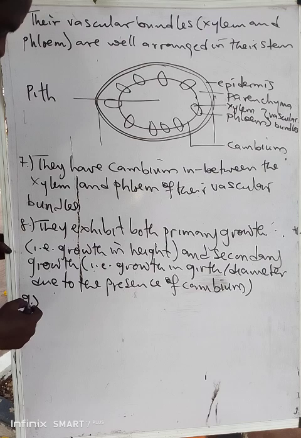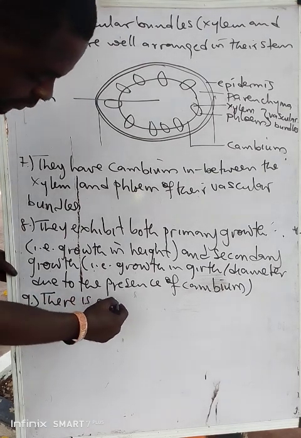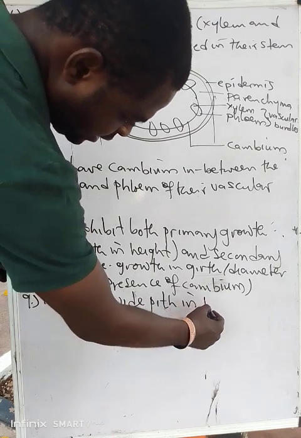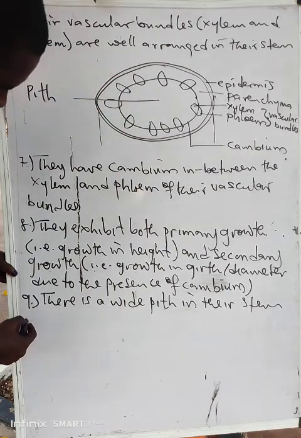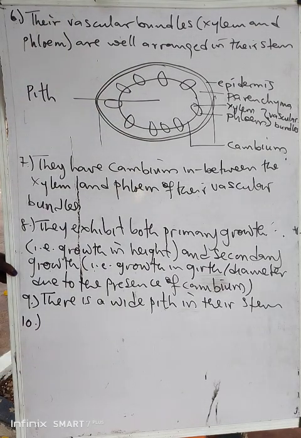So there is a white pith in their stem. You have white pith. Have we taught about broad leaves? Yes. And netted veins? Yes, we have taught about broad leaves.